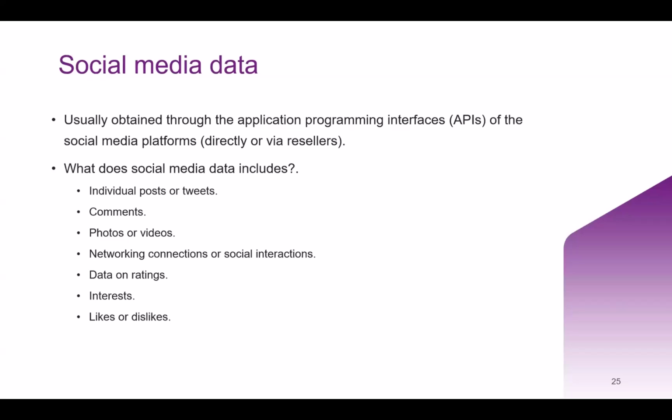For example, the X streaming API allows researchers and collecting institutions to obtain posts or tweets generated by users in real time, thus accessing data through an API provides the most authentic record of social media.